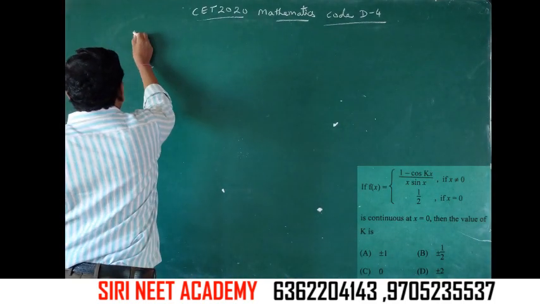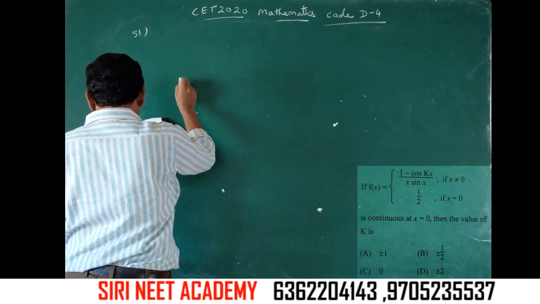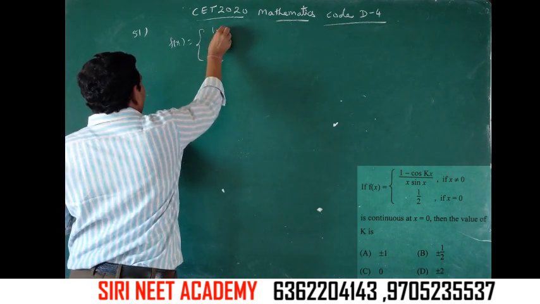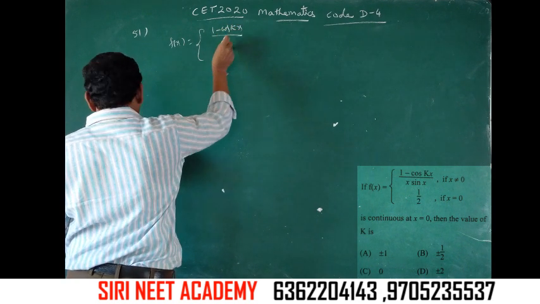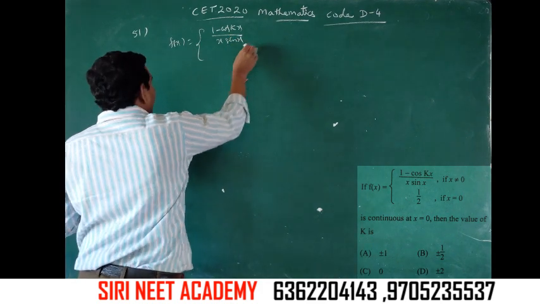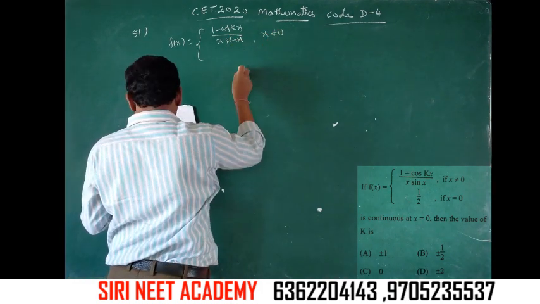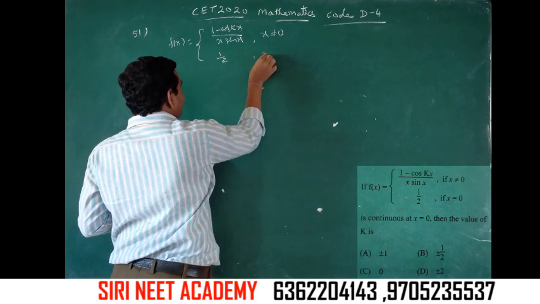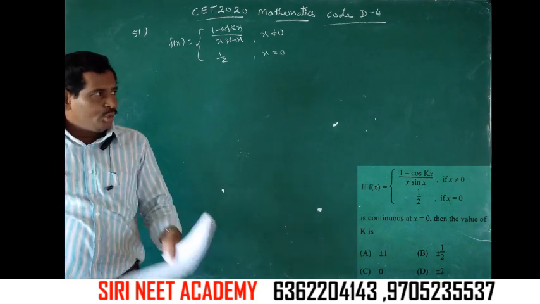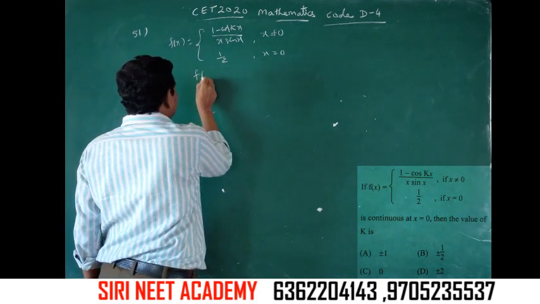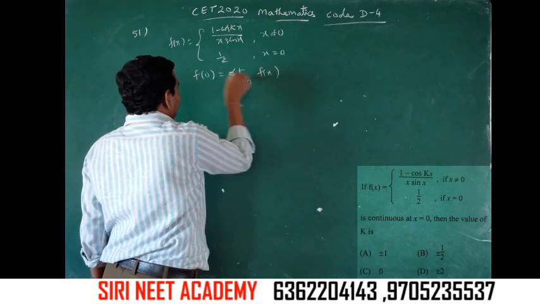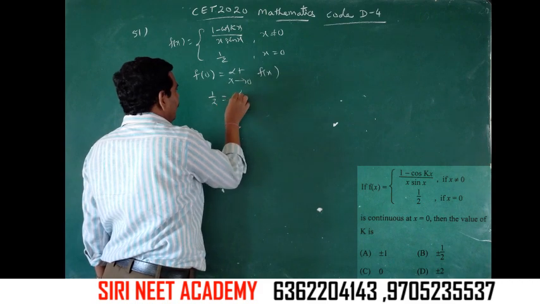51. F of x is equal to, first case, 1 minus cos kx divided by x sin x when x is not equal to 0, and 1 by 2 when x is equal to 0. What is the value of k? If it is continuous at x equal to 0, functional value is equal to limiting value. Functional value is 1 by 2 for limiting value.